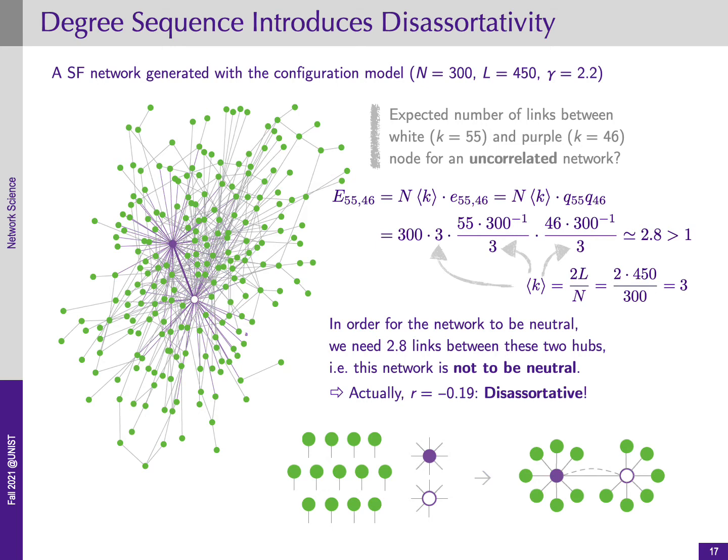Lost meaning it doesn't find any good match, as indicated here in the broken lines. So there's no way of satisfying these connections. This is actually the underlying reason why we observe negatively correlated networks in many scale-free networks.